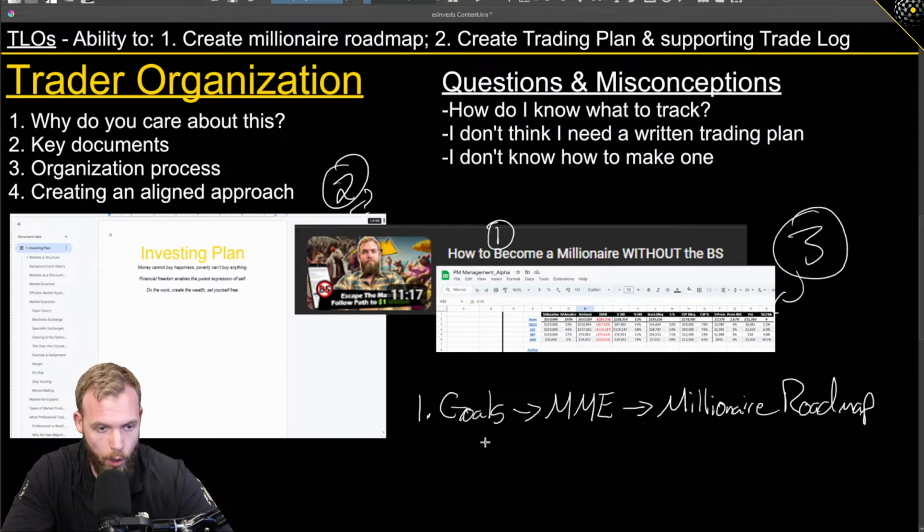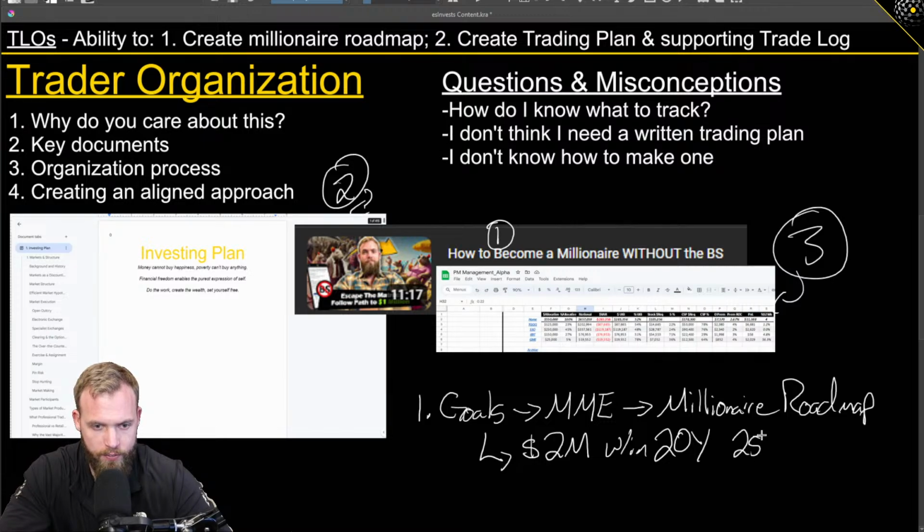The millionaire roadmap then tells us, we say, I want $2 million within 20 years at a starting principal of 25K with savings of, I don't know what the numbers are to work out to 2 million, I'm just coming up with numbers.